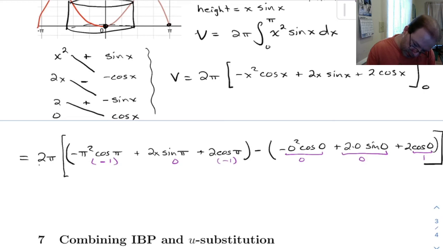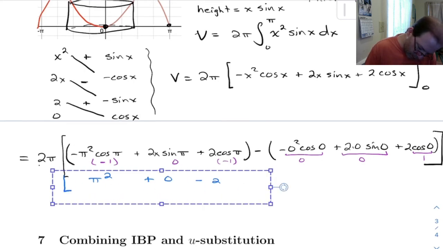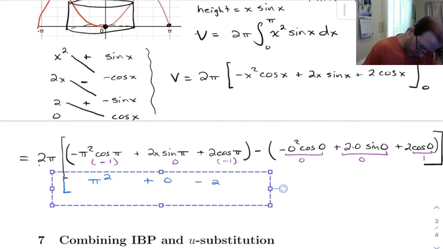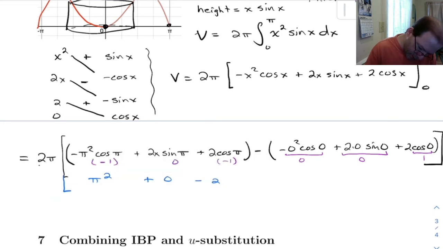So let's see, I'll do this next step in blue. This right here gives me pi squared plus 0 minus 2. You know what? I don't like the way I'm doing this.